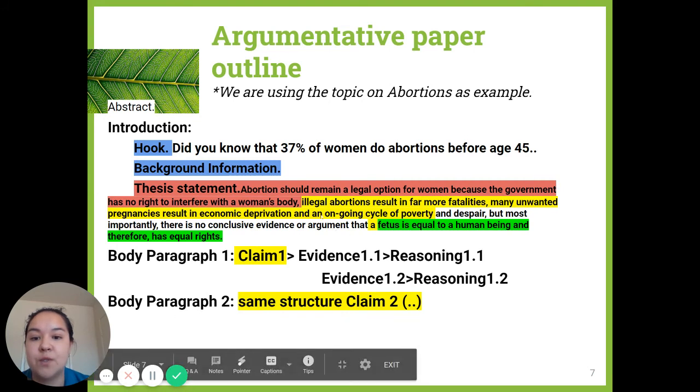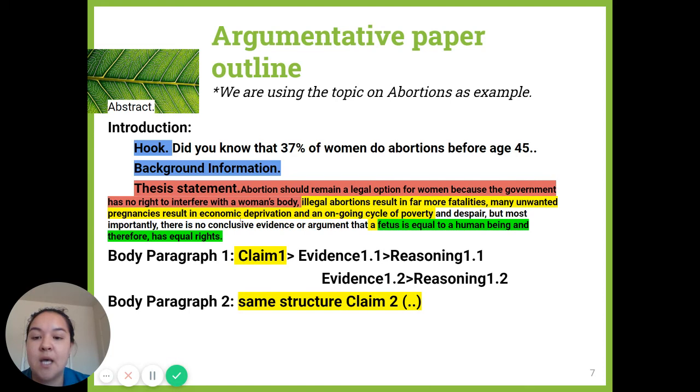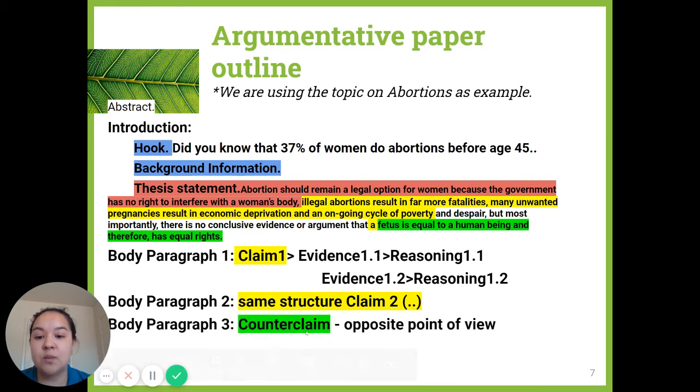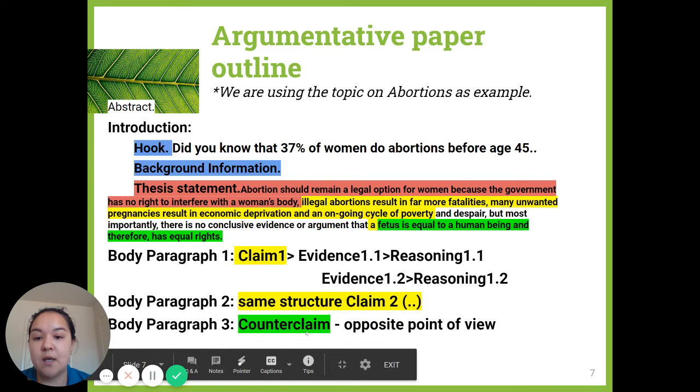For body paragraph 2, we can investigate economic deprivation, the cycle of poverty that is related to situations when a woman is keeping a baby that she was not able to raise. In body paragraph 3, that is only specific for argumentative writing, we would have a counterclaim.